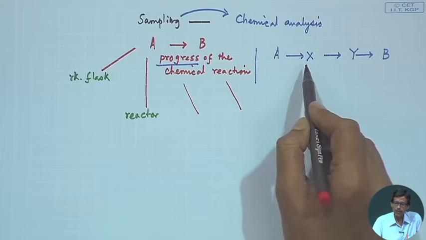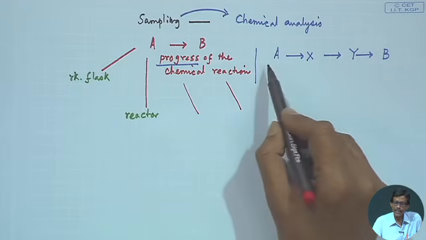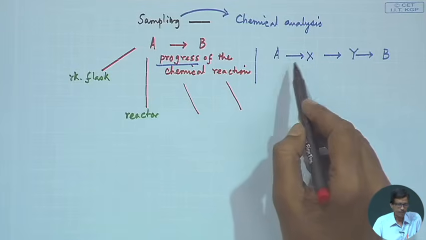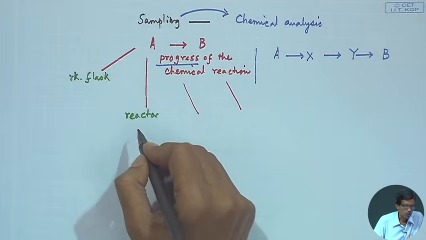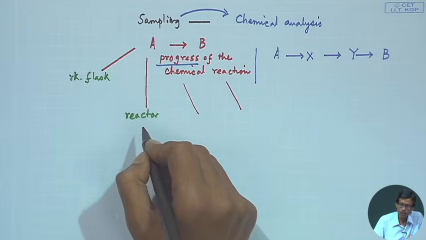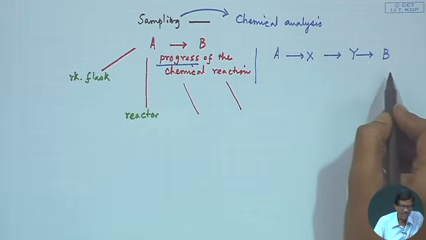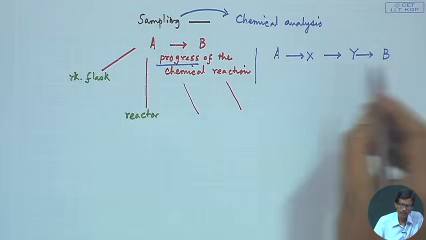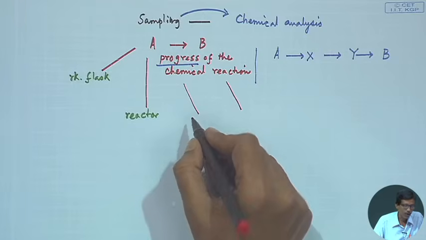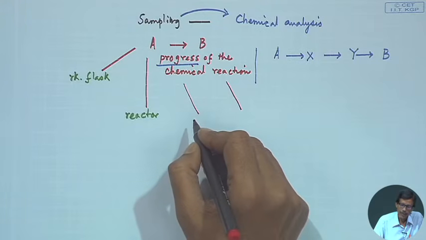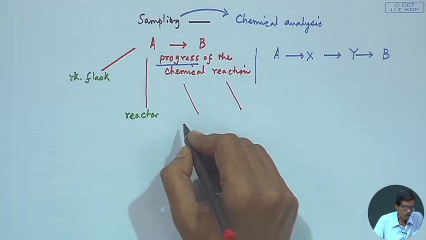If we are unable to detect the concentration of X and Y, we will find that A is being destroyed, but B is not forming over there. So, continuously we can also monitor the decrease in concentration of A and the increase in concentration of B. This sampling process for chemical analysis is also important in an open field.